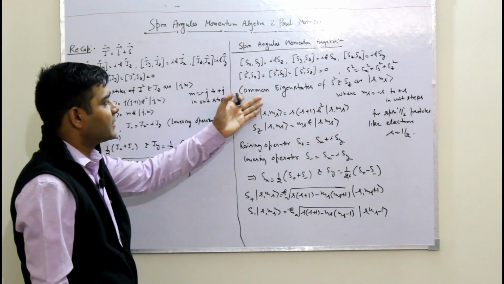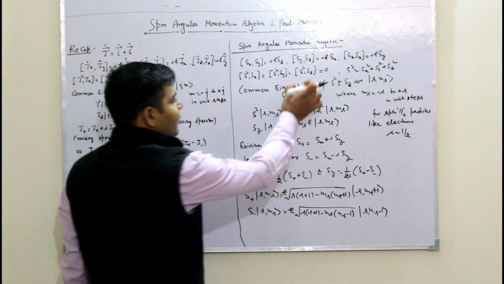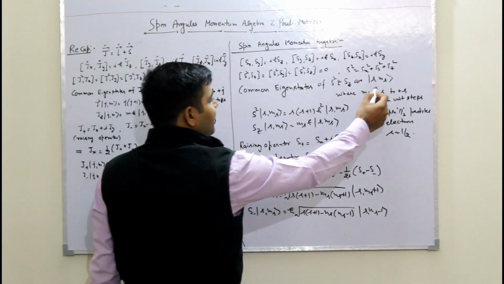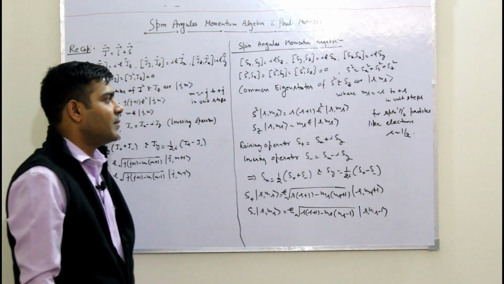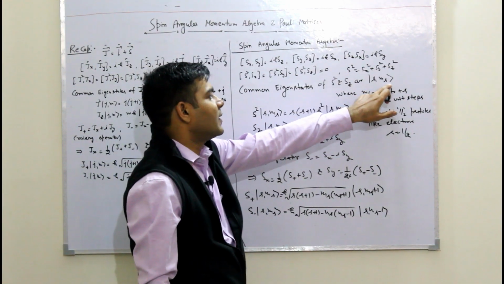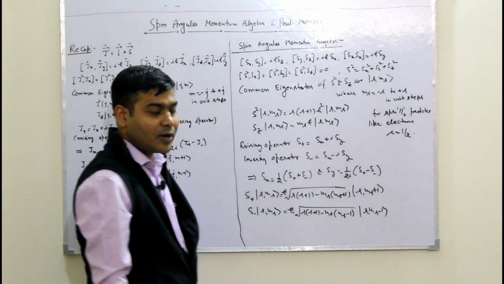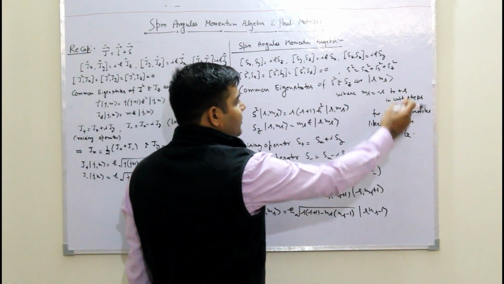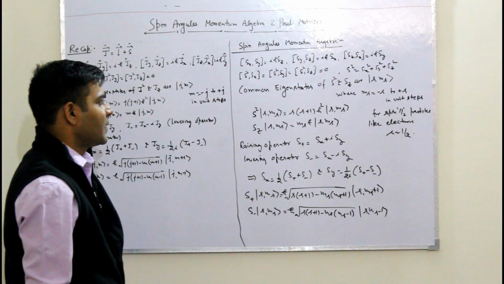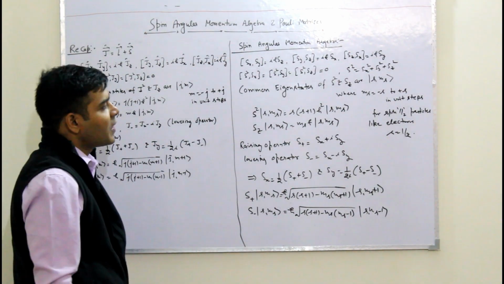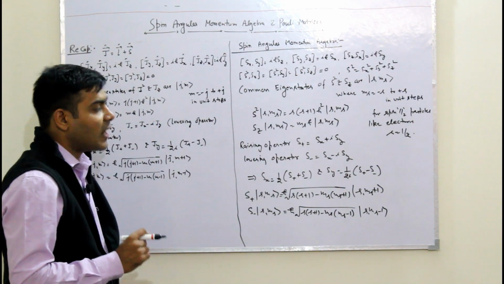The common eigenstates of S square and Sz, because they both commute, we take to be |s, ms⟩, where small s and ms are quantum numbers. ms can vary in the same pattern, minus s to plus s in unit steps, that is minus s plus 1 and so on up to plus s. In the case of the electron, small s is half.